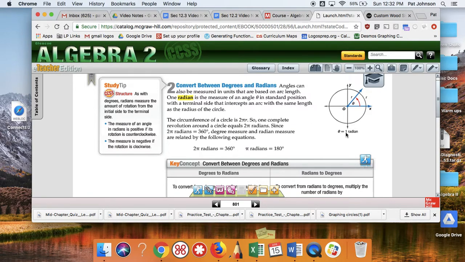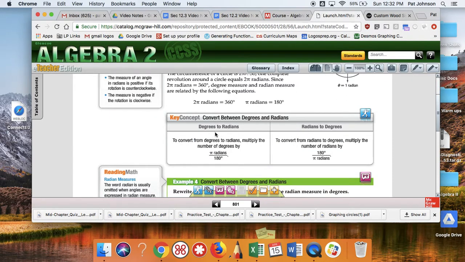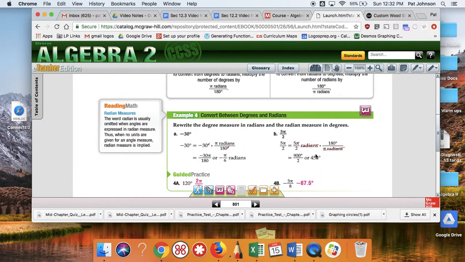So theta equals 1 radian. If I want to convert from degrees to radians, I multiply by pi radians over 180, because if these are equal, doesn't this technically equal 1? Yes. If we want to go from radians to degrees, we flip it to its reciprocal and multiply by 180 over pi radians. So let's rewrite these.